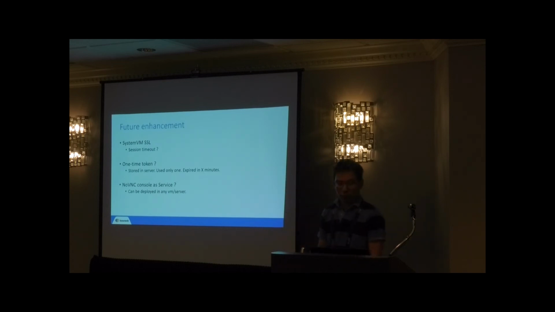So even if we access the VM with one token, and then other cloud users or some attackers get the URL of the console, they cannot access it because the token is removed and not available anymore. And also, it's better to have multiple NoVNC consoles.